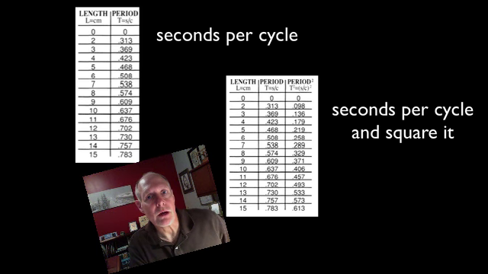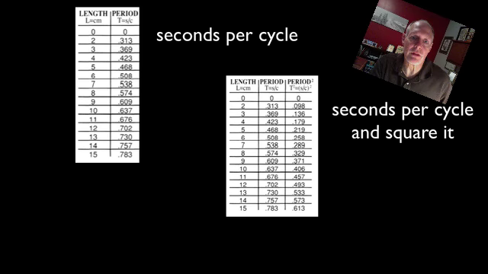Again, one of the things we can do with math is start to play with those numbers. So what some folks did one day was take that period column and square it. They took 0.313 and squared it, and they got 0.098. And then they took the next period and squared it. So now you have a whole other column of figures that match up with the lengths.